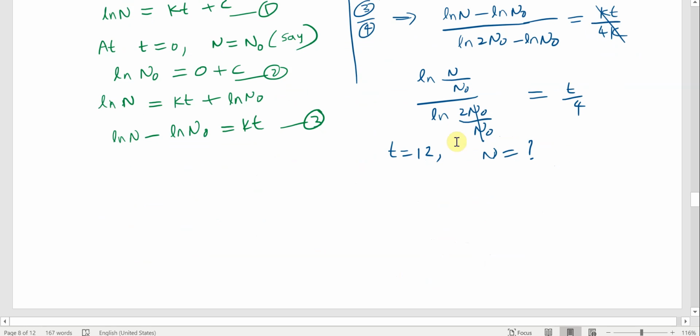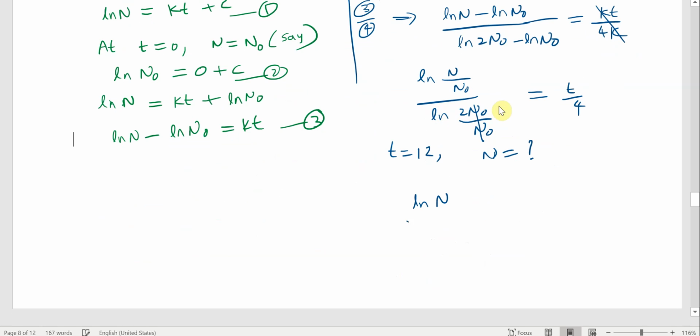So let us substitute in this expression, ln n over n naught divided by ln 2, and time is given as 12. So here for t, let us substitute 12. 12 divided by 4, this is 3. So ln n equals 3 ln 2 after cross multiplication.